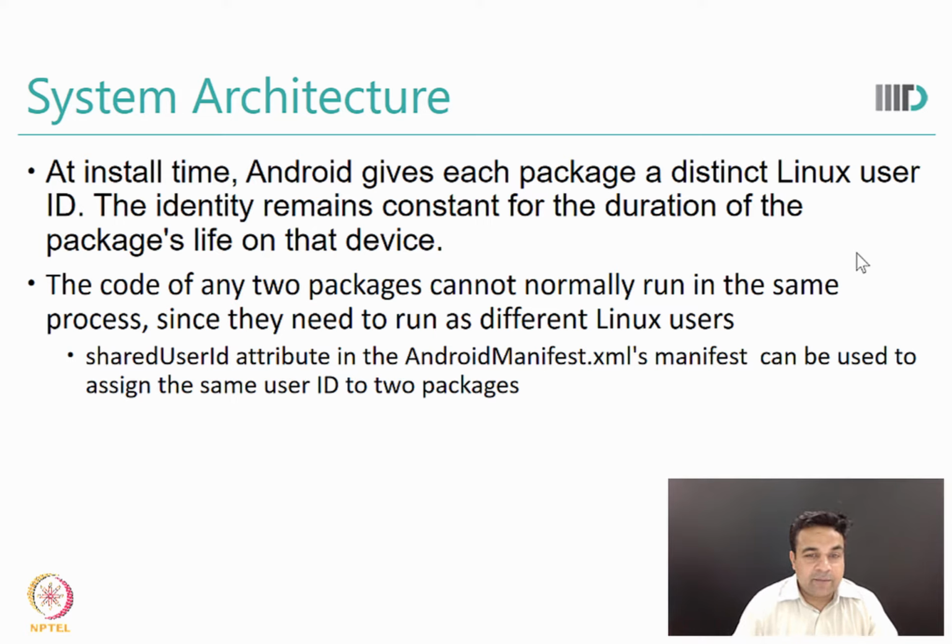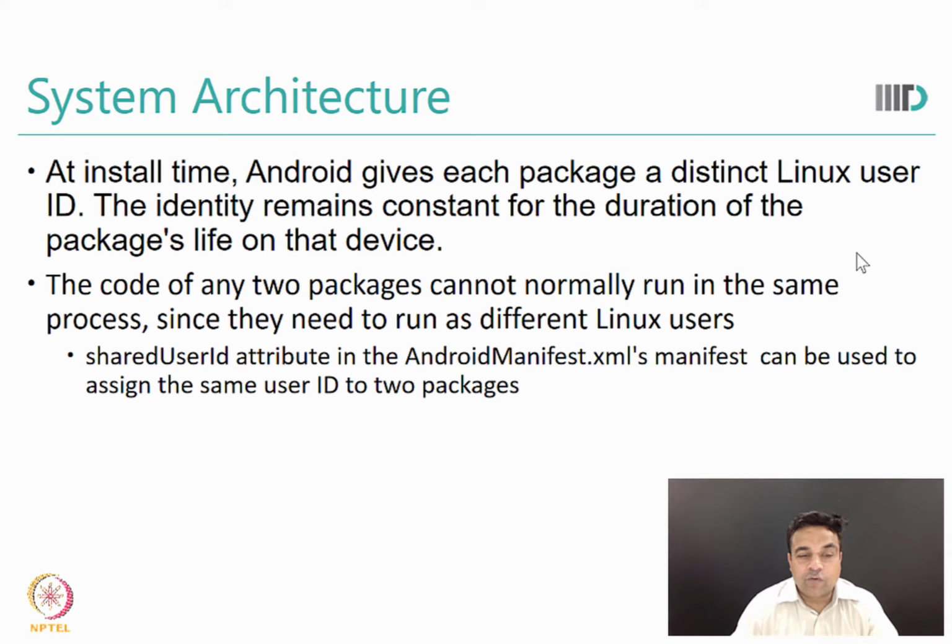At install time, Android will give each package, and remember the package name that we give in the beginning of each app, a distinct Linux user ID, and this identity will remain constant for the duration of the package's life on that device. Now, any two packages cannot normally run in the same process because they need to be isolated.